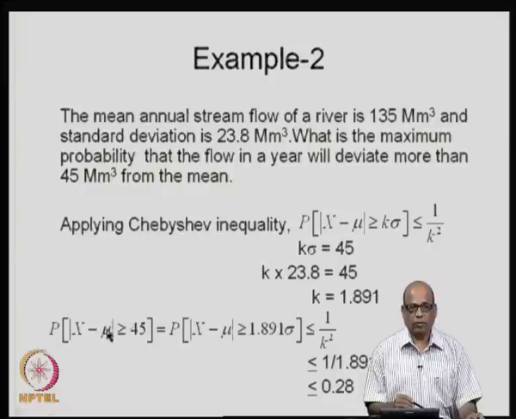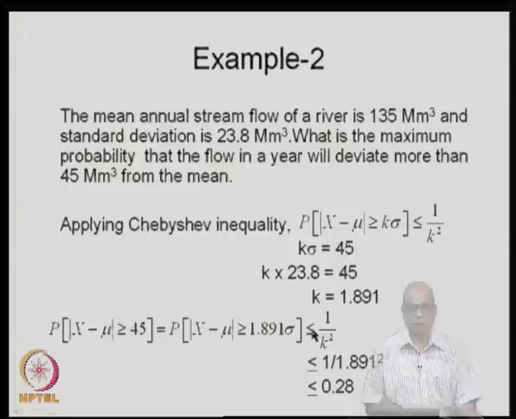and therefore, we write this as probability of the absolute value of the deviation being greater than or equal to 45. I write this as probability of the absolute value of the deviation being greater than or equal to 1.891 sigma, and from the Chebyshev inequality this should be less than or equal to 1 by k square.